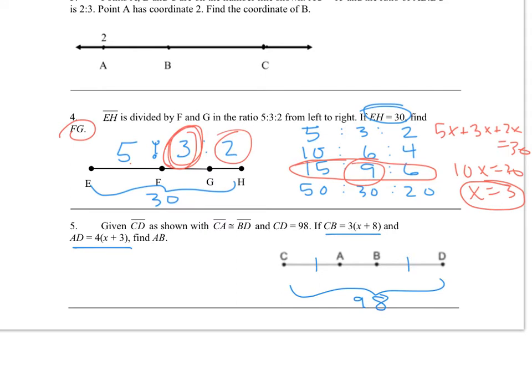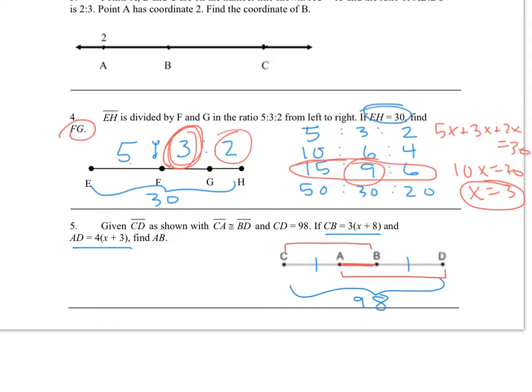Okay, so notice that AB is right here, right? And we're given the length of CB, and we're also given the length of AD. So we know that CA and BD are congruent. We can actually make the conclusion that CB and AD must also be congruent, because AB, doesn't matter what the length is, if we add AB to CA and we add it to BD, we've added the same thing to both segments.